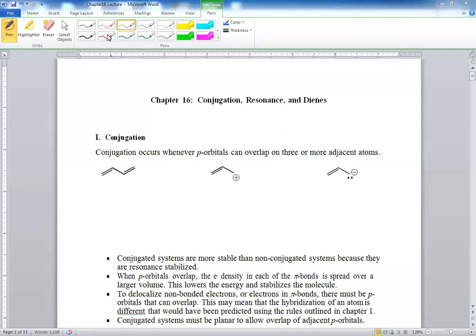You have to look at them in 2 ways. You have to first draw the resonance structures. And then, you should sketch out the p orbitals on the molecules.